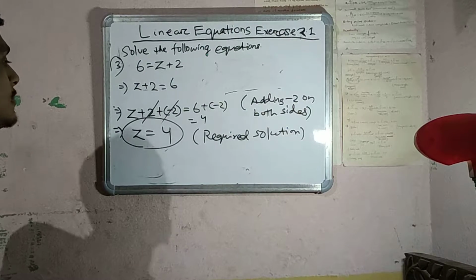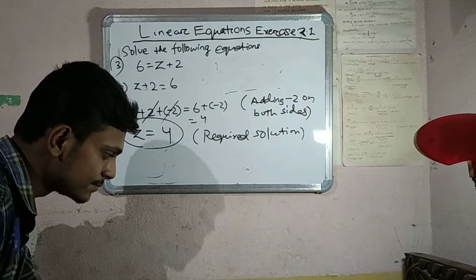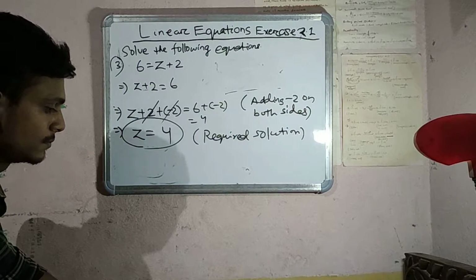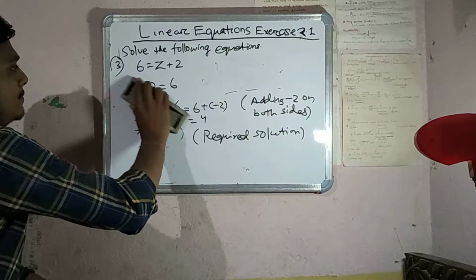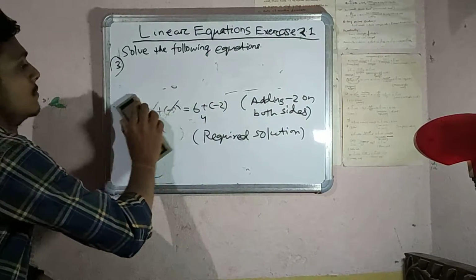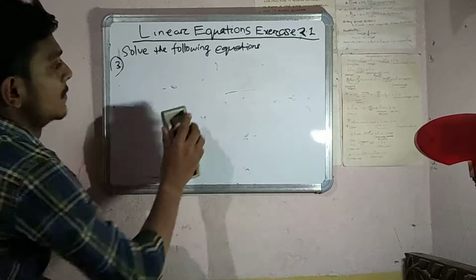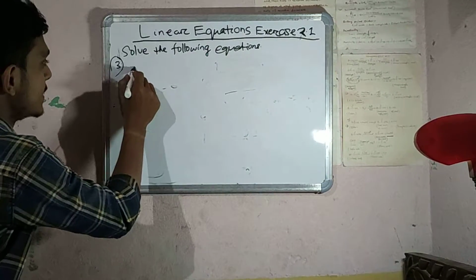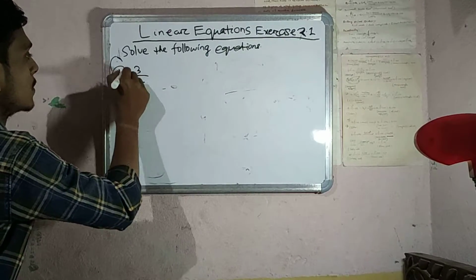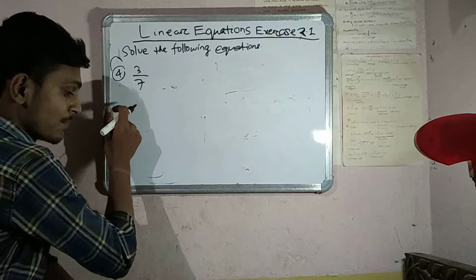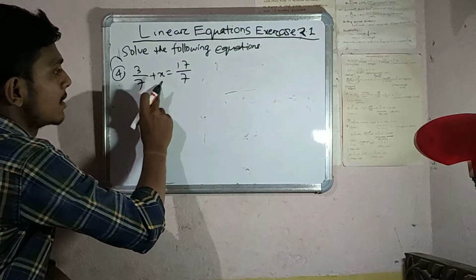Then the next question is question number 4: 3 upon 7 plus x is equal to 17 upon 7.